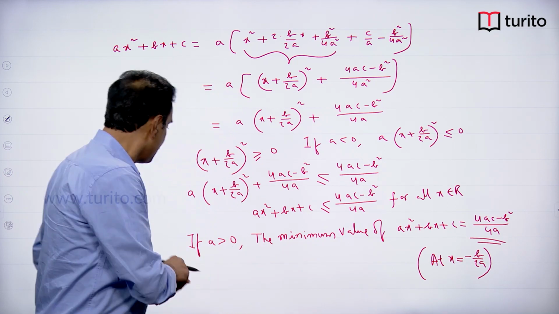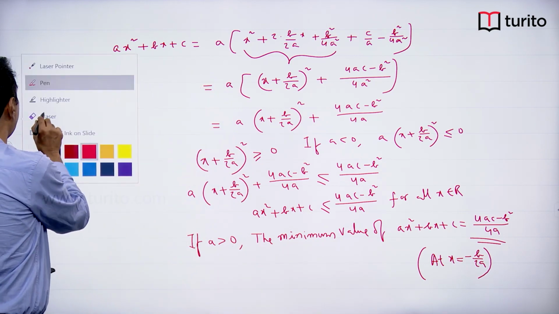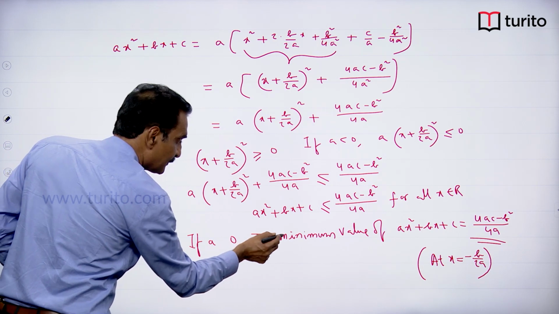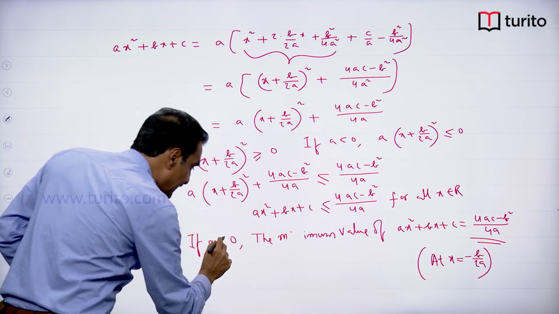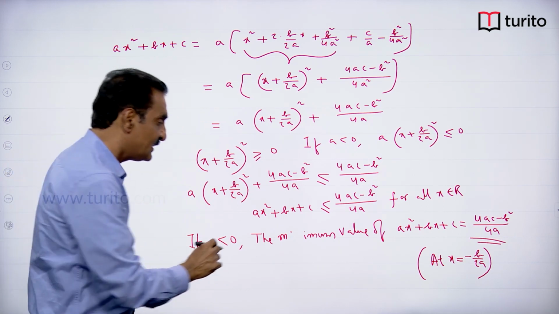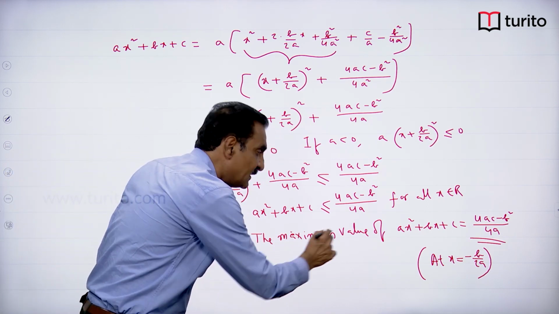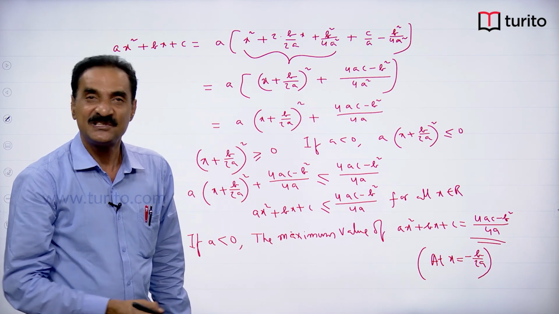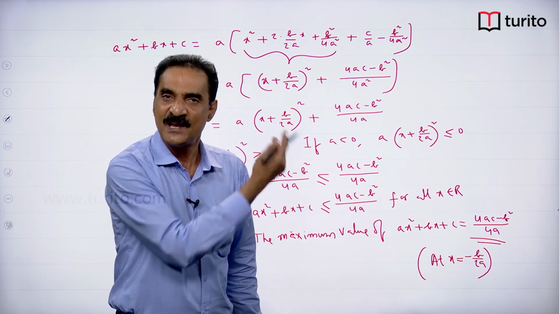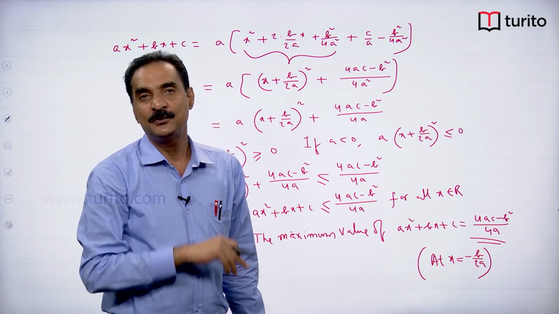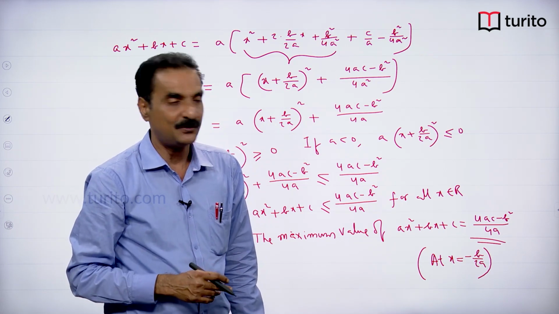So if a is less than 0, the maximum value of ax square plus bx plus c is given by 4ac minus b square by 4a, which is the same as the minimum value in case a is greater than 0.